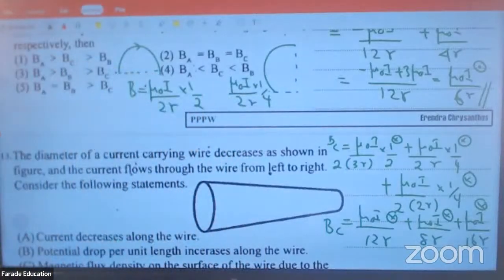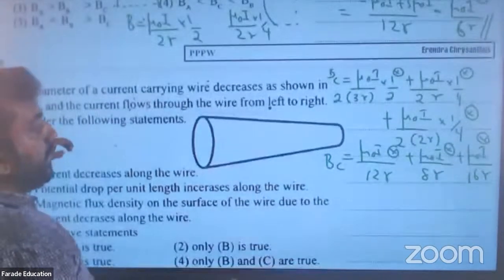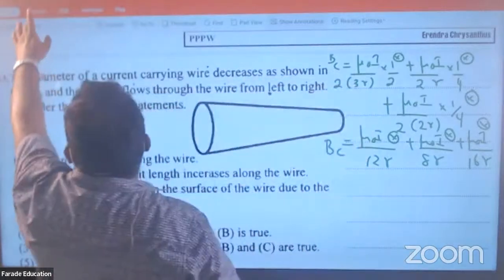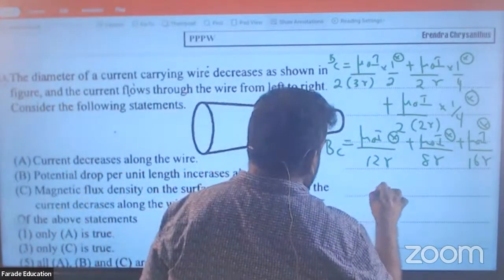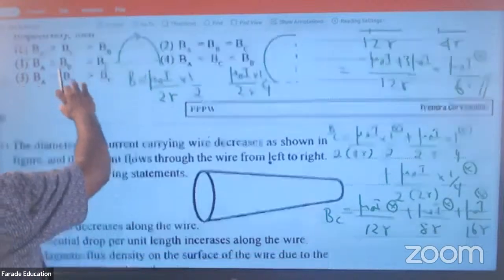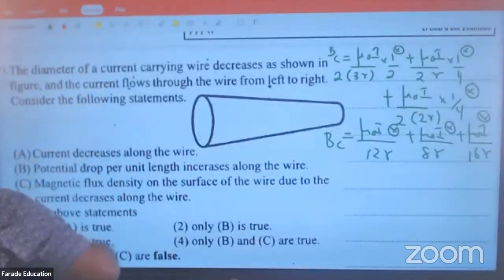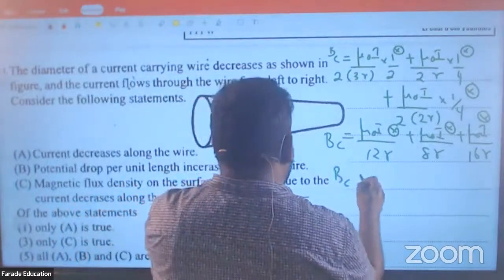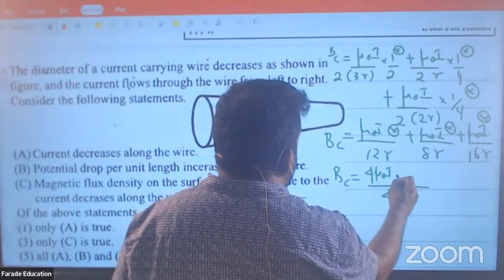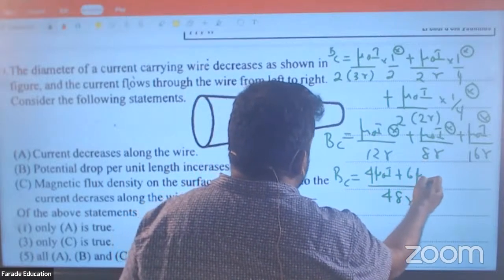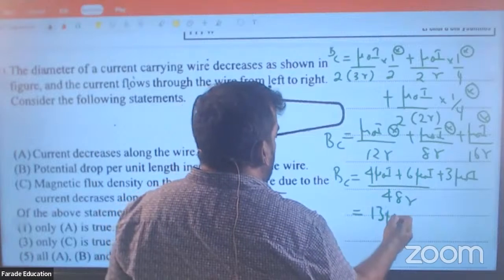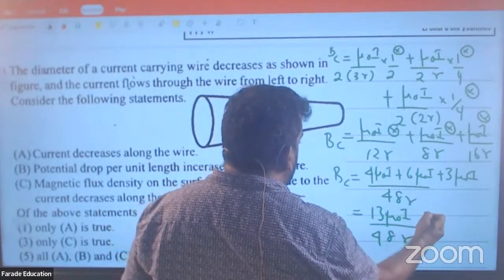Common denominator 48. Four times mu naught I plus 6 times mu naught I plus 3 times mu naught I. 13 mu naught I divided by 48R, inward.